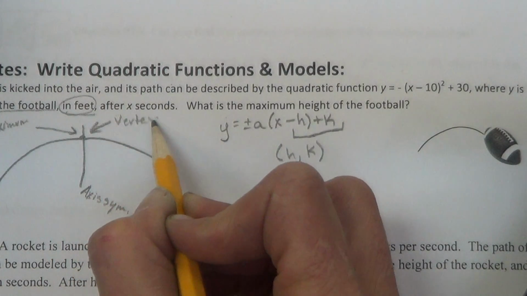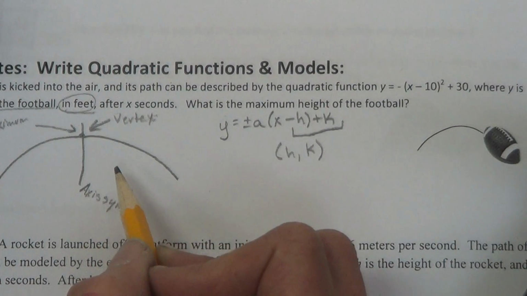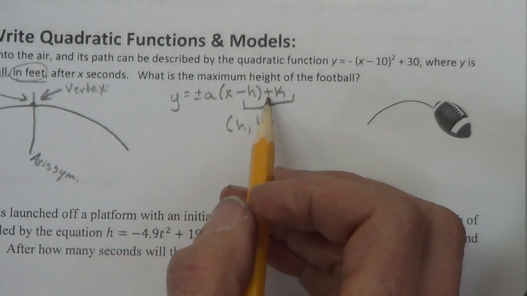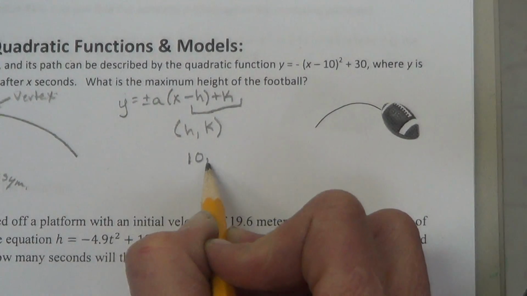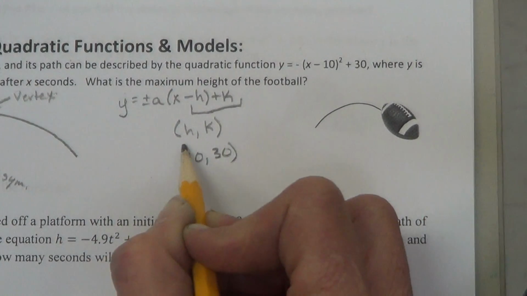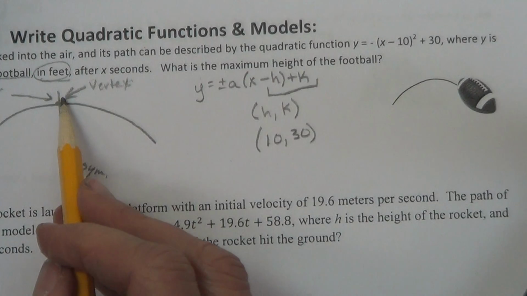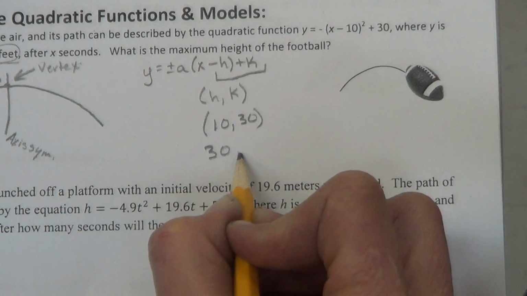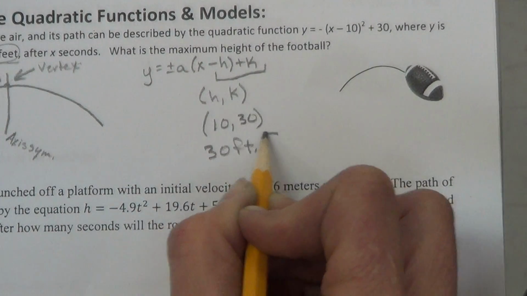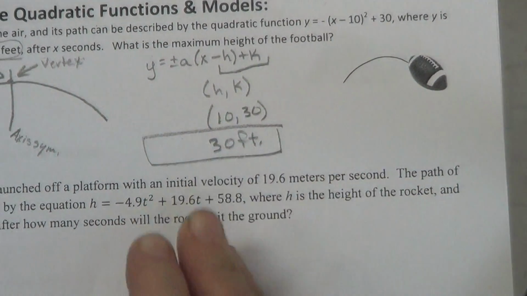In fact, if you had said vertex instead of maximum, that would also be correct. So all we need to do is find our vertex. Well, that would be (10, 30), and that means that the maximum height in feet for that football would be 30 feet.